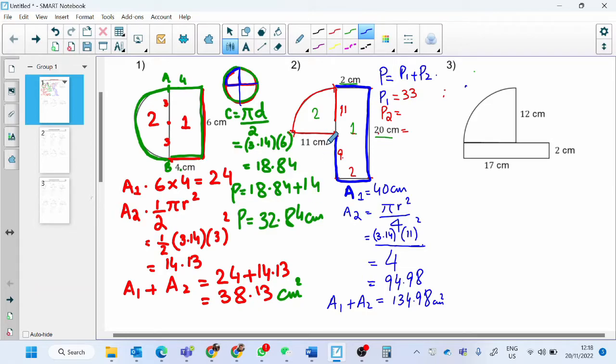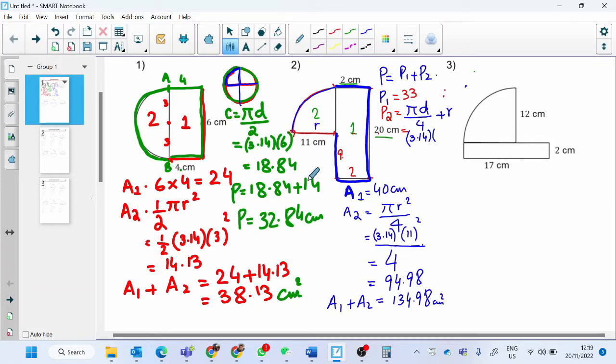Now we need to calculate this one, the first part. So this is an arc length. For this we have the formula pi d divided by 4, and then we have this radius as well, 11, so we add plus r, right? So pi is 3.14 times d, where d is the diameter.